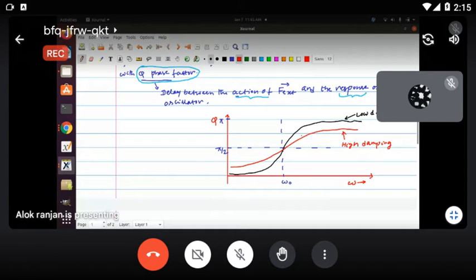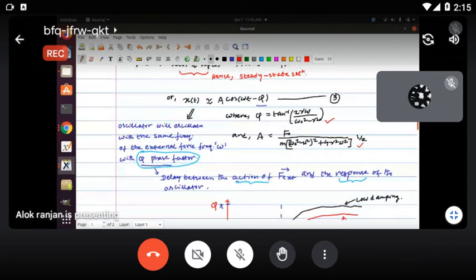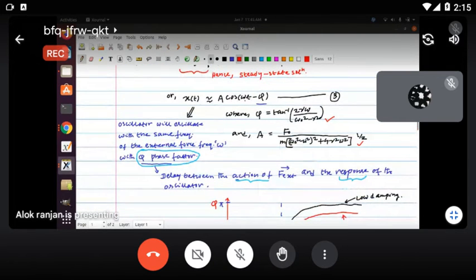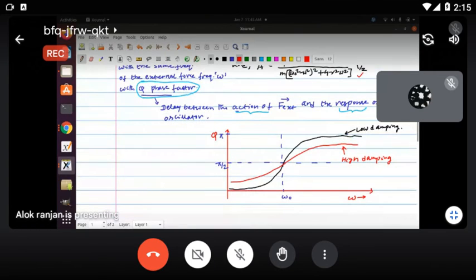And similarly, let's consider two extreme situations. One is low damping or high damping. So let's say low damping, when we have zero phase, then cosine omega t. So that means there will be no delay. So the oscillator will oscillate at the frequency of the force.